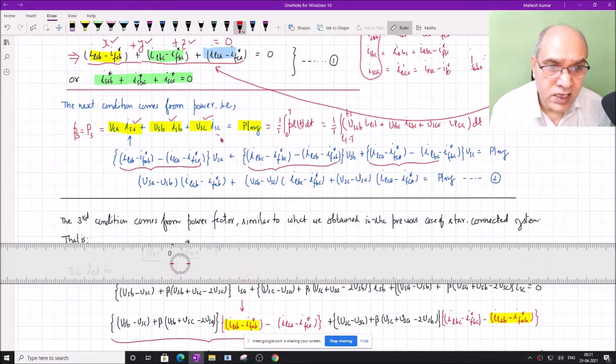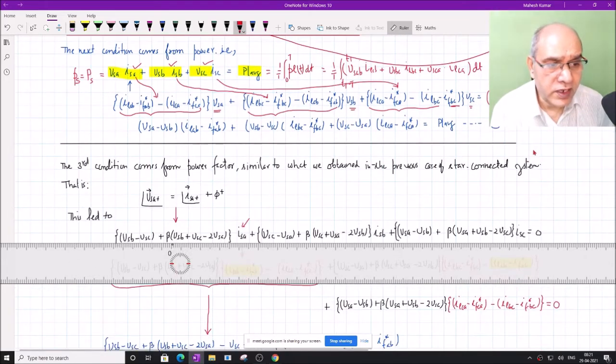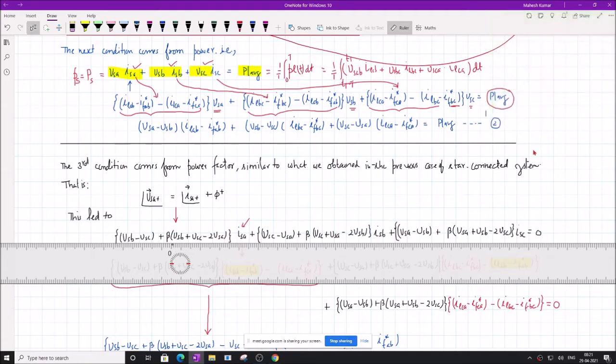So ISC has come here, ISB has come here, and ISA has come here into VSA. So this is ISA into VSA, this is ISB into VSB, and this is ISC into VSC, equal to PL average.